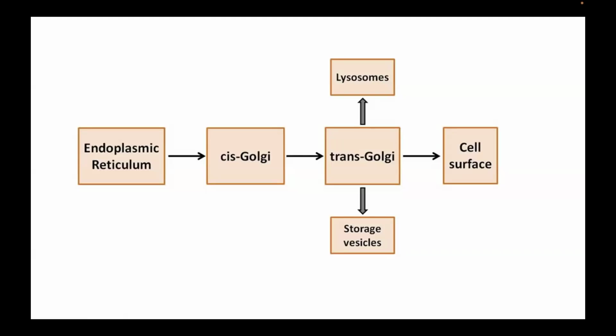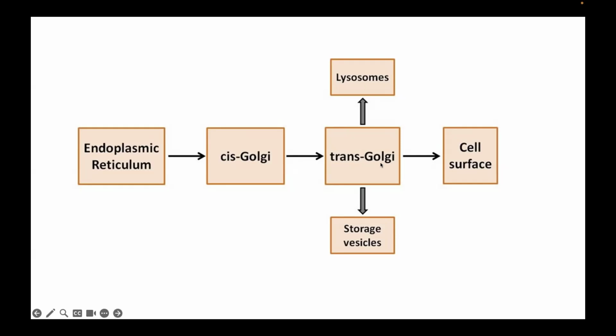It is from the Golgi apparatus that contents such as protein can reach the cell surface, or they are degraded in the lysosomes. The lysosomes are the digestive organelle of the cell.